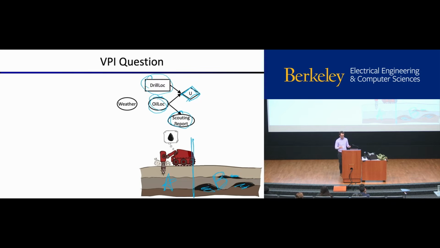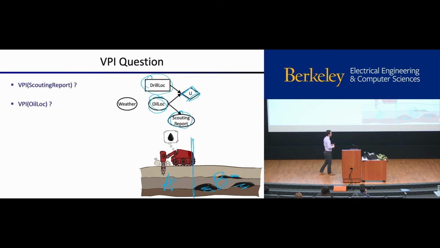And so we can build ourselves a decision network. We can ask ourselves, what's the value of perfect information if we were to obtain this scouting report? And the numbers in this table will tell us what the value of perfect information is. It'll tell us, well, if we could just know where the oil was, what would be the value of perfect information, right?